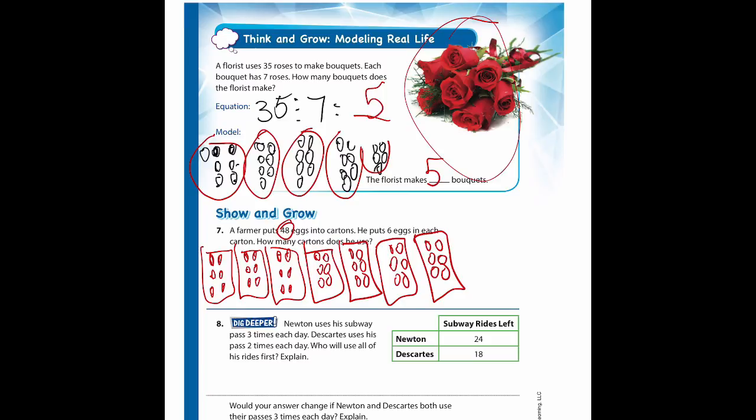Oh, we're so close. 43, 44, 45, 46, 47, 48. Woohoo! So we have 1, 2, 3, 4, 5, 6, 7, 8. So we have 8 cartons of eggs. That's a lot of omelets.